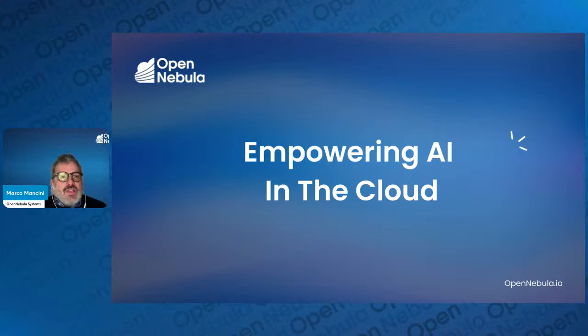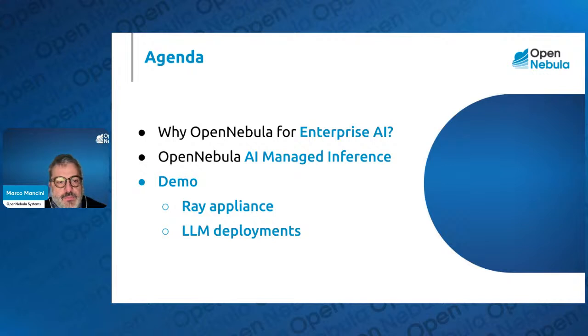So good afternoon to everyone. Today, as Francisco said, we are going to talk about how in OpenNebula we have been working to build a private and also hybrid cloud infrastructure for deployment and for empowering AI. Let me first introduce what we are going to do.